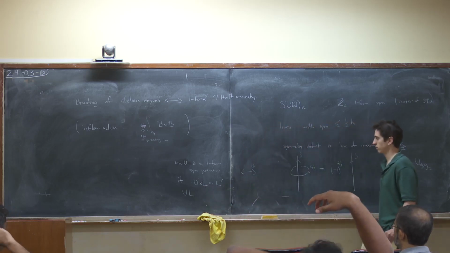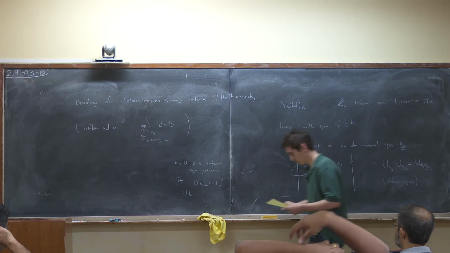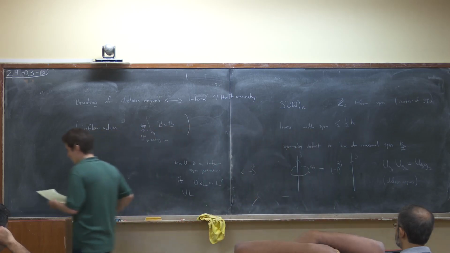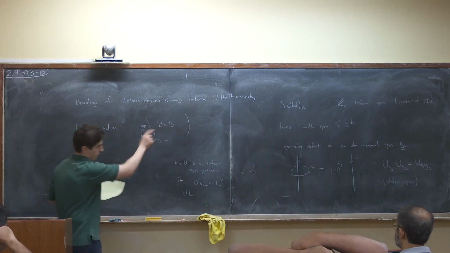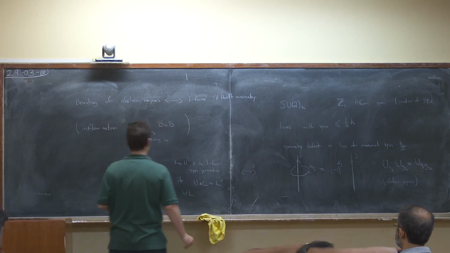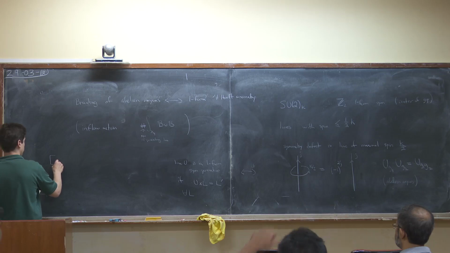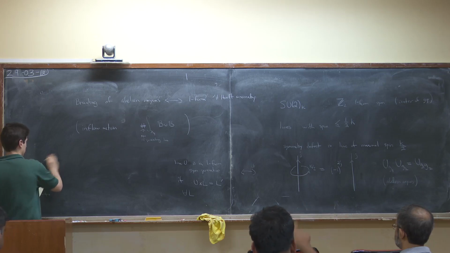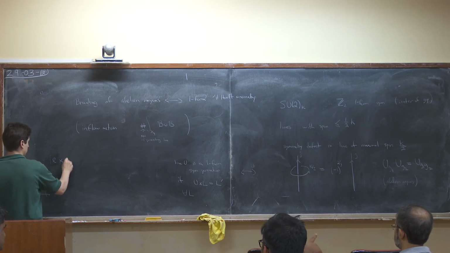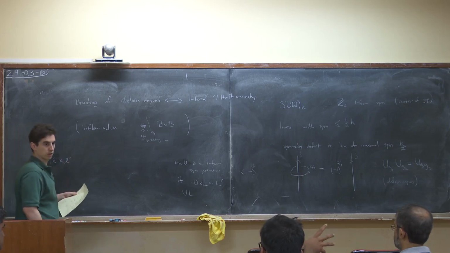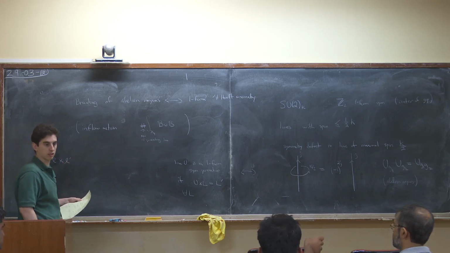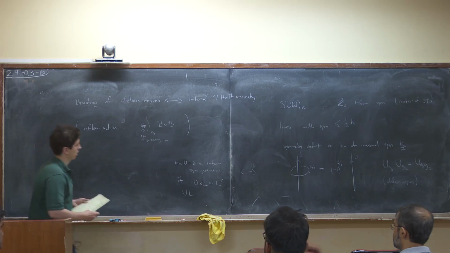So let me show you what I mean in this example. The fusion algebra in SU2 level K is known. So I guess the statement is that the operators will form a ring. If you want, I want to make it group-like. Yes, exactly.